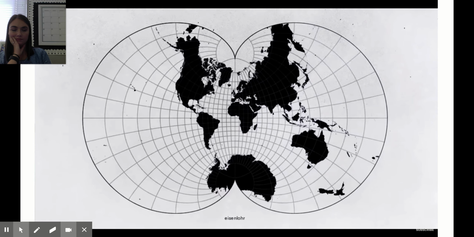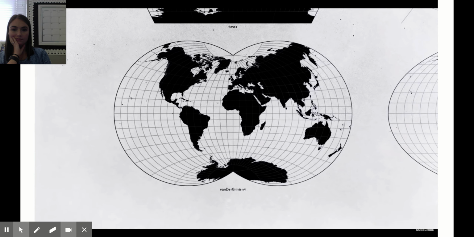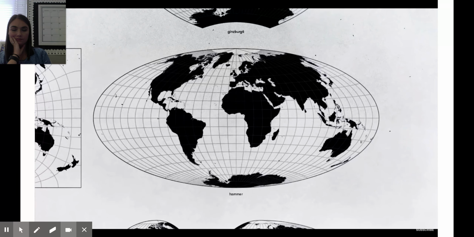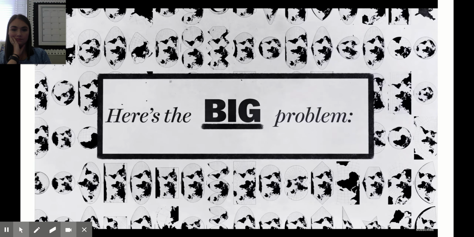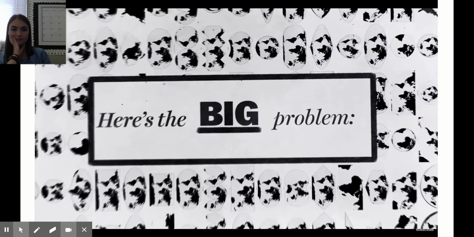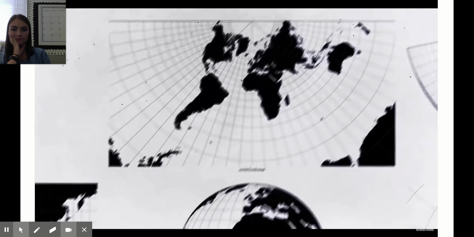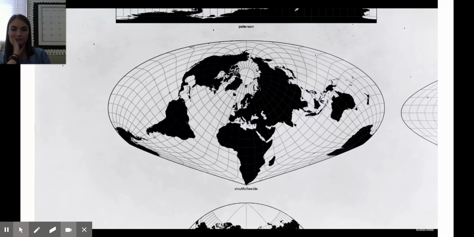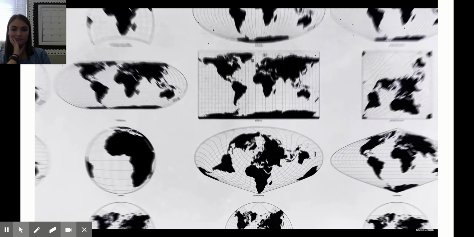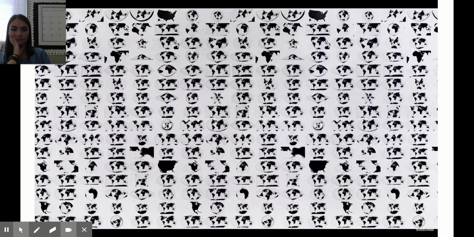But you could also project the globe onto other objects, and the math used by map makers to project the globe will affect the way the map looks once it's all flattened out. And here's the big problem. Every one of these projections comes with trade-offs in shape, distance, direction, and land area. Certain map projections can either be misleading or very helpful depending on what you're using them for.